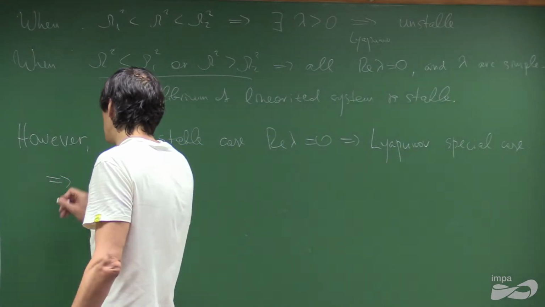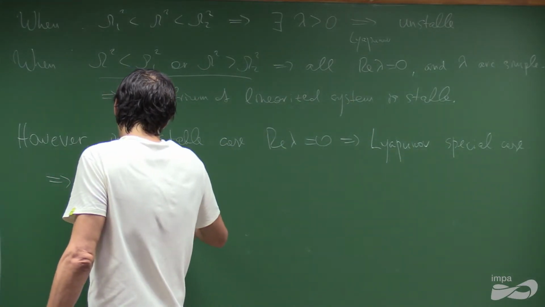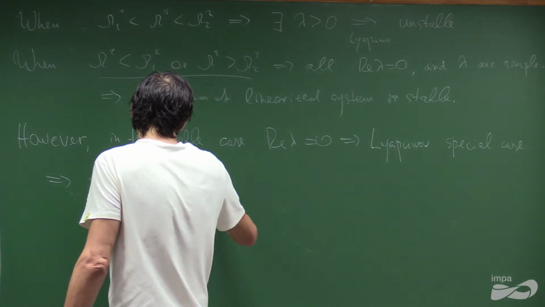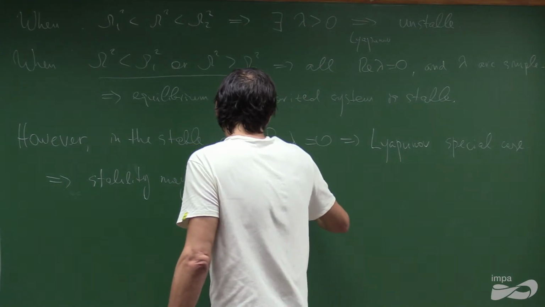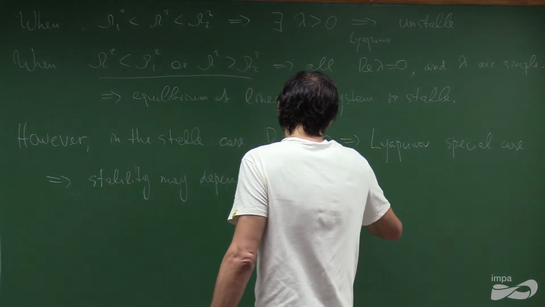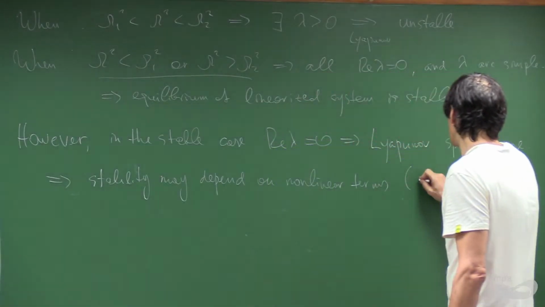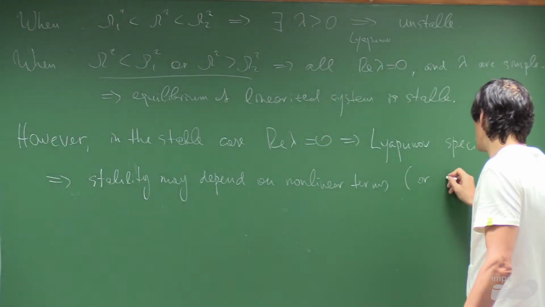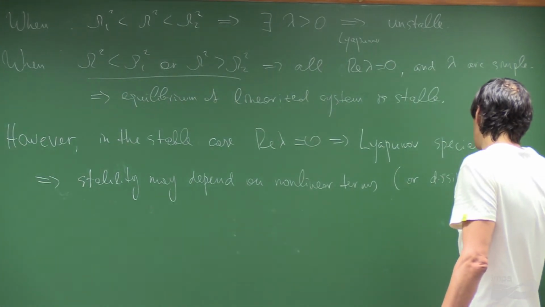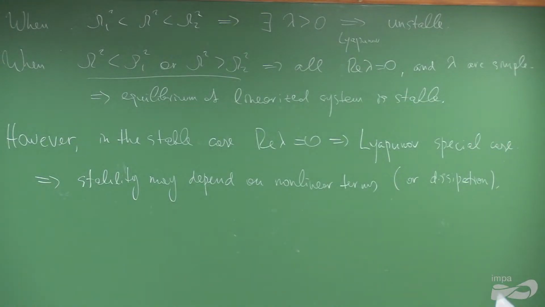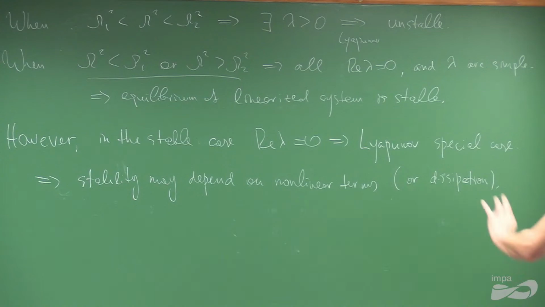So in the special Lyapunov case, what can happen is that the stability may depend on nonlinear terms, or if you add small dissipative terms. Whatever you add, nonlinear terms or dissipative terms, they can all change stability to instability.